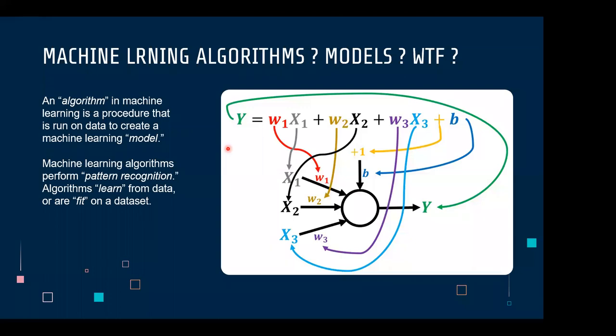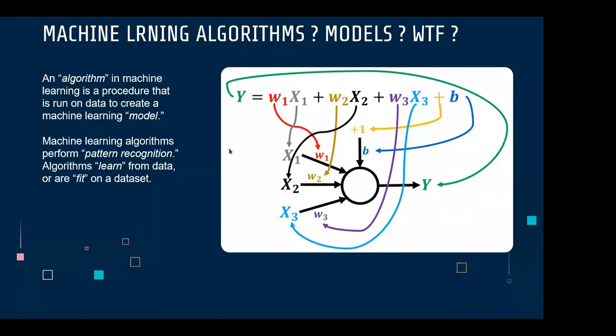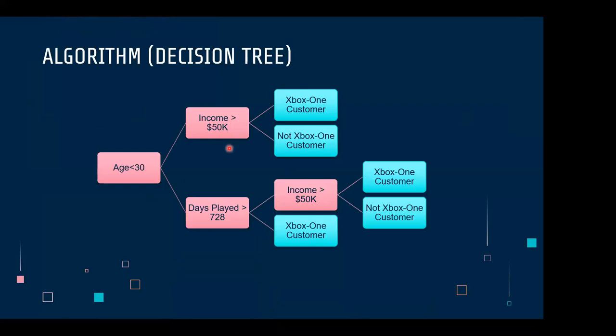Now, as I said earlier, there are many kinds of machine learning models. As an example, here you can see a machine learning algorithm called the decision tree. It is trying to predict whether a person is an Xbox One customer or not an Xbox One customer, but it comes to that decision based on several different conditions. For example, the first condition is age less than 30.